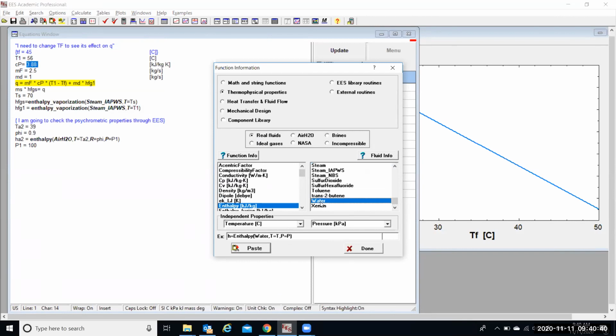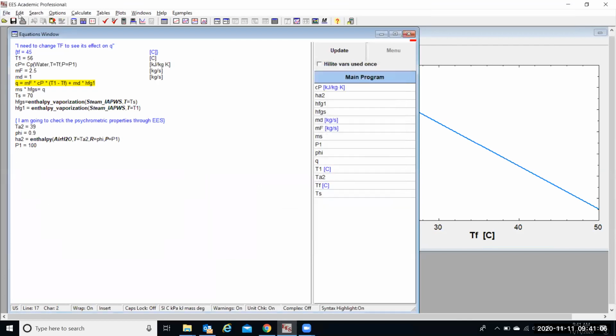Here it is. And I need the CP, specific heat, CP of water, as a function of temperature and pressure. The temperature here is going to be TF, and the pressure again is going to be P1, which is 100. So when I'm looking for the value of CP here, it should be calculated automatically. In order to solve the problem again without the parametric effect, I need to remove this and then run the program.